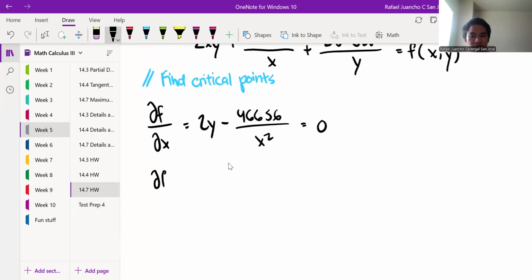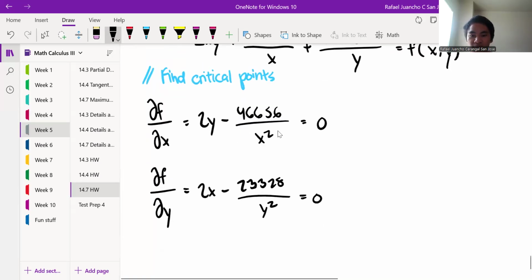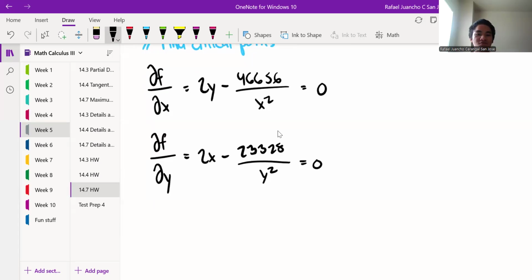Then here, I have my y. So here I get 2x, this is 0, minus 23328 over y squared, which is also equal to 0. And then from there, I can divide everything by 2. So here I would get y, and then for the other I would actually just get 23328.